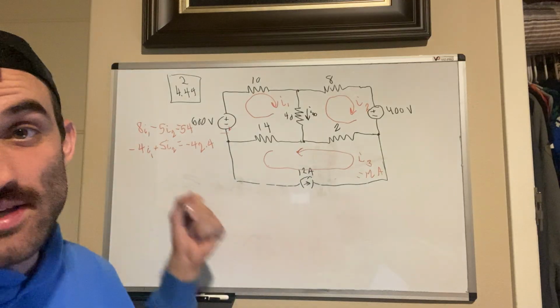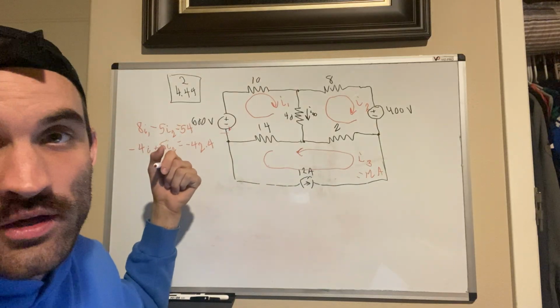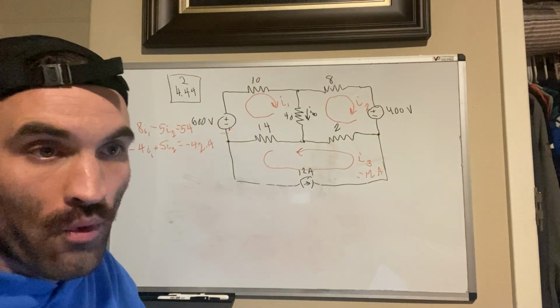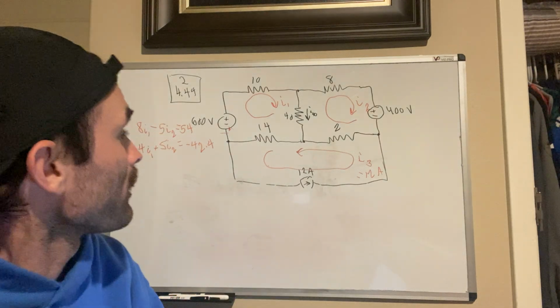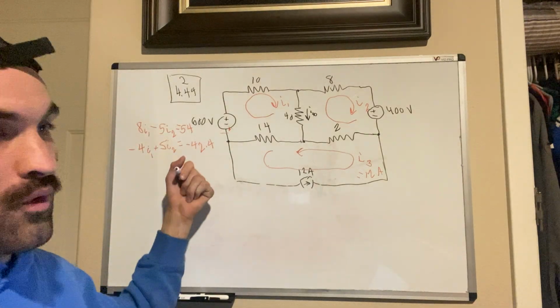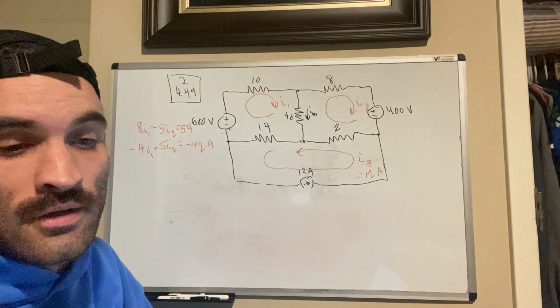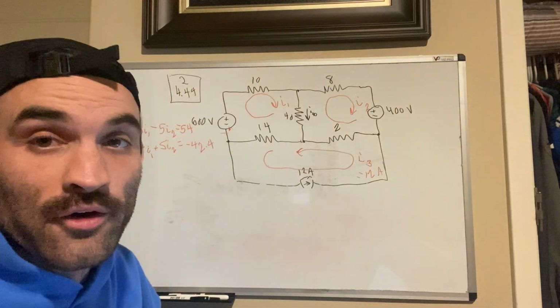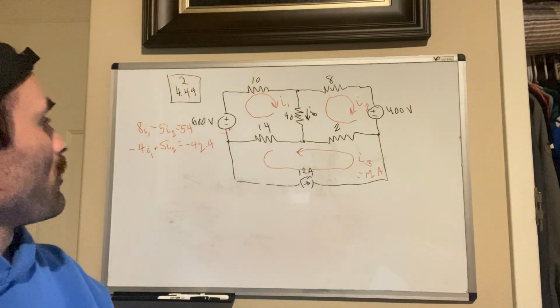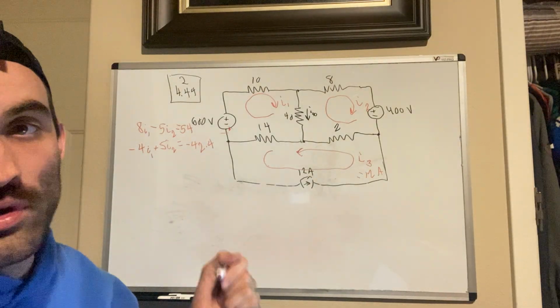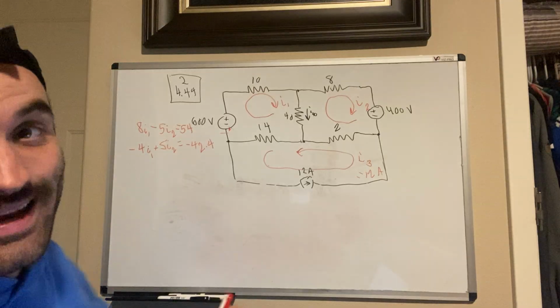So there are lots of ways you can solve systems of equations. You could graph these in Desmos, make I1 equal X and I2 equal Y, graph them both, find the intersection. That's one way to solve them. You can use a reduced row echelon form calculator on your TI or somewhere else. Or you can do what we're going to do, which is manipulate the linear equations and add them together.